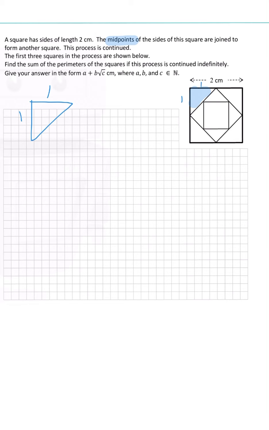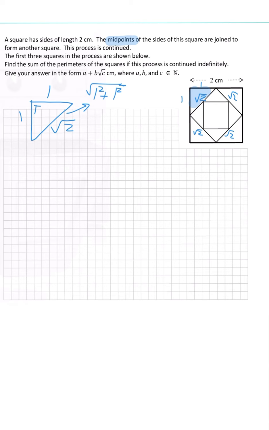And the midpoint of 2 would leave me with a 1 and a 1. So working out the hypotenuse, that would be the square root of 1 squared plus 1 squared. Just using Pythagoras' theorem, that's square root 2. So that means the sides of this square are all going to be root 2.